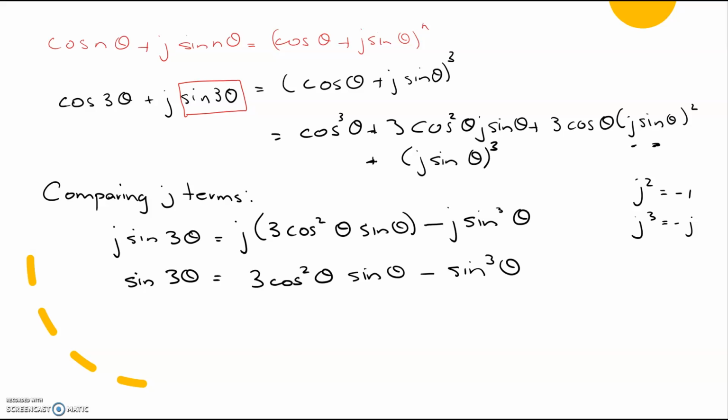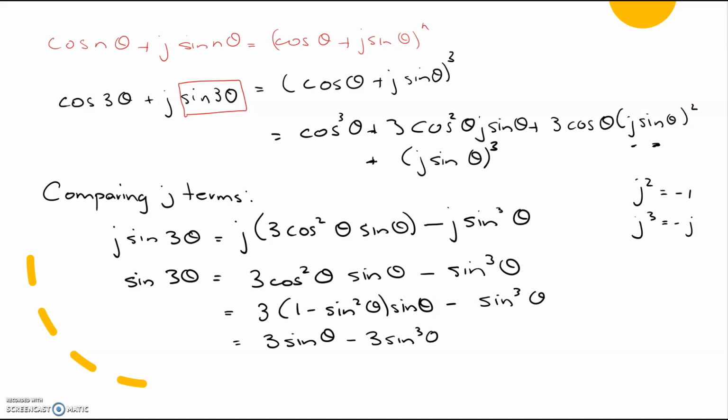Clearly we haven't got the same answer as we did before, but let's make one of those basic substitutions that cos squared is equal to 1 minus sine squared. So that gives us 3 sine theta minus 3 sine cubed theta minus sine cubed theta.